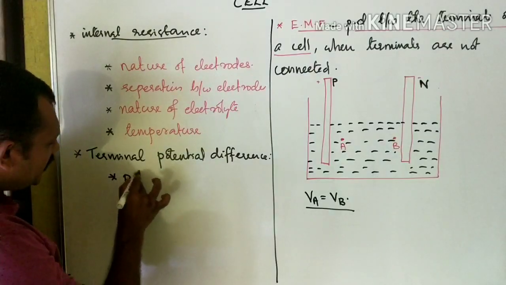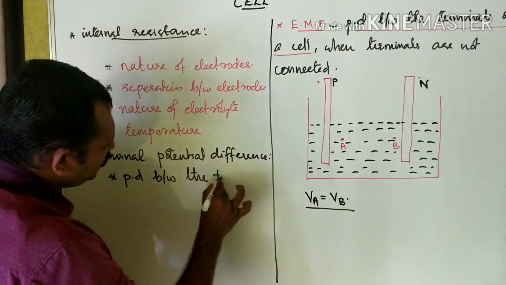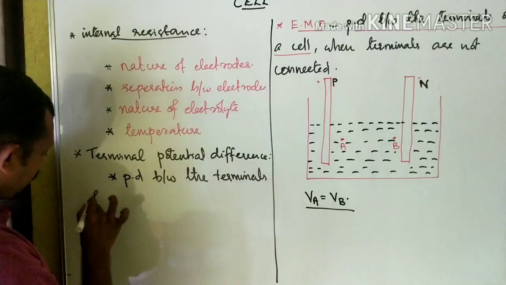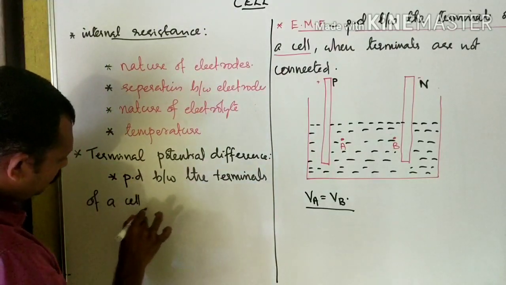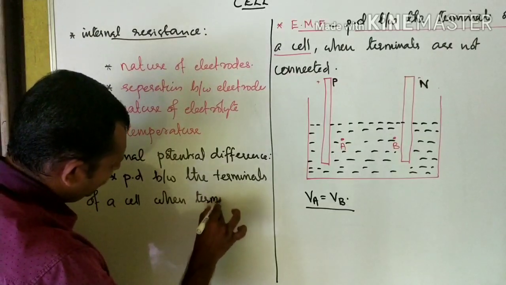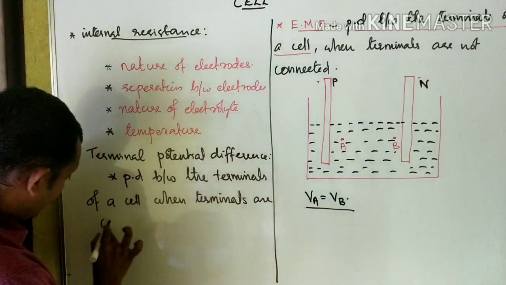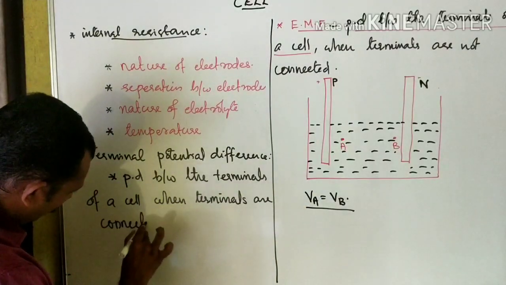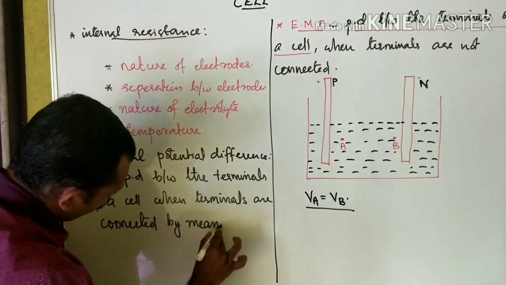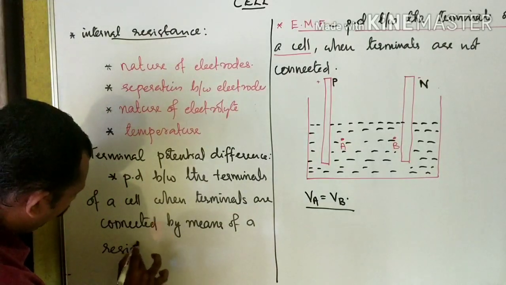This is the potential difference between the terminals of a cell when the terminals are connected by means of a resistance or load.